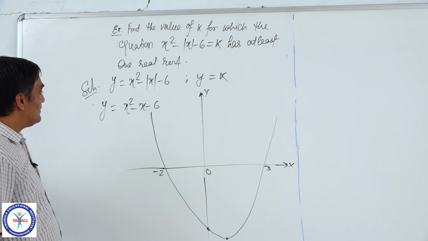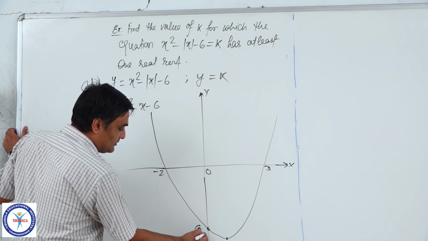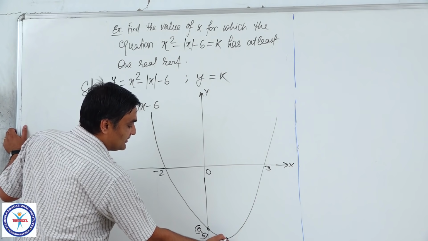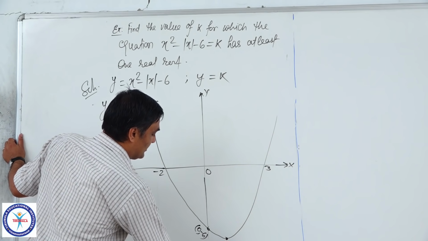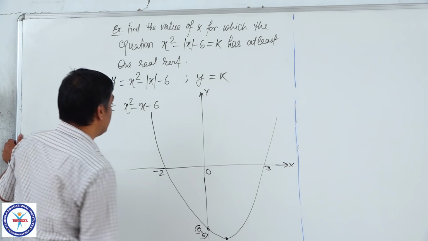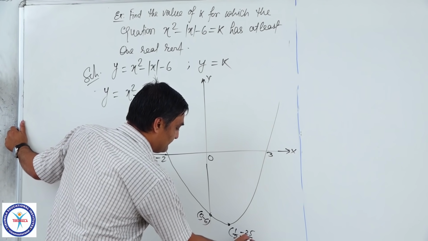Fine. This point is 0, comma -6. This is 1/2, comma -25/4.